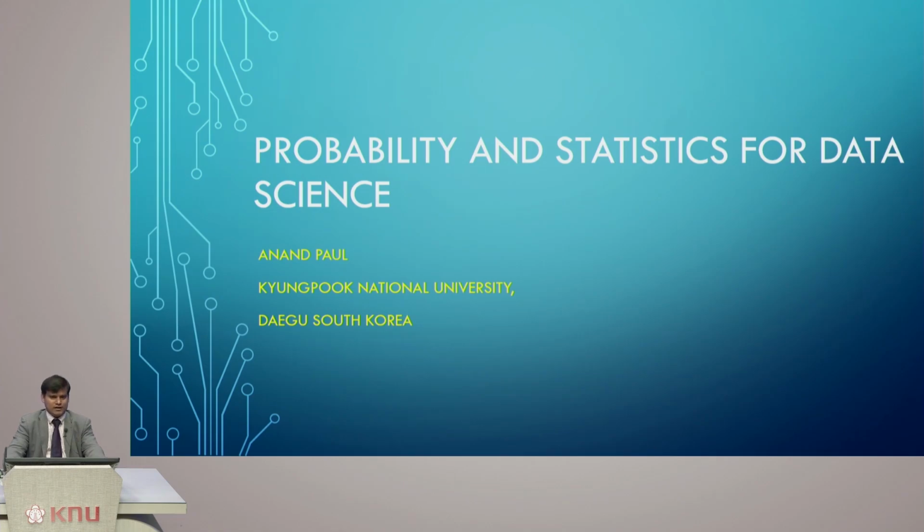So yes, the word probability, probable, as the word suggests, often we make decisions based on probability. For example, if you're going out, based on the weather condition, you're making some decisions. If the weather is too cold, you want to wear warm clothes.